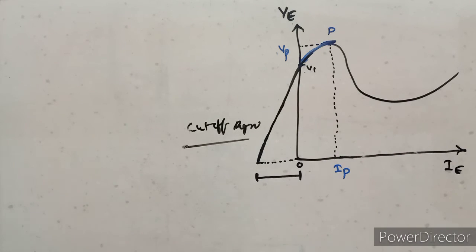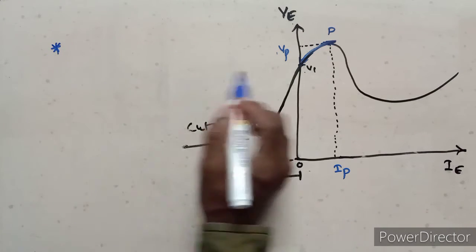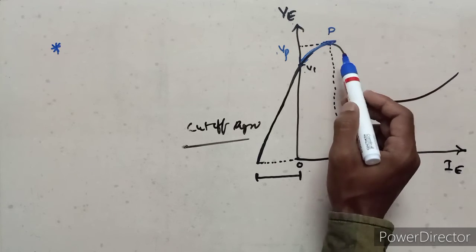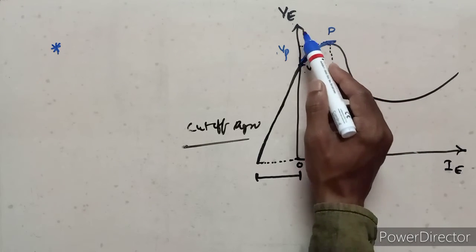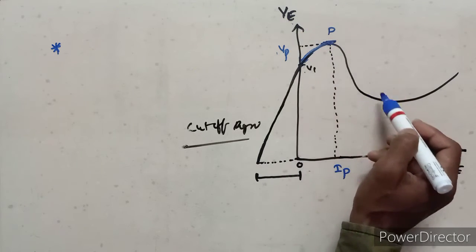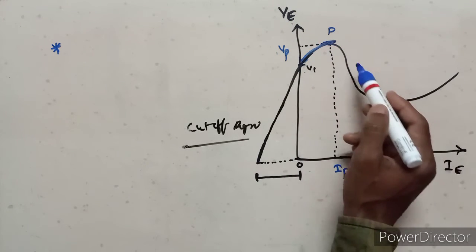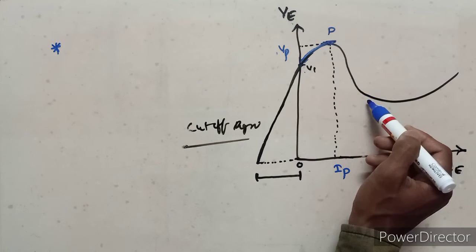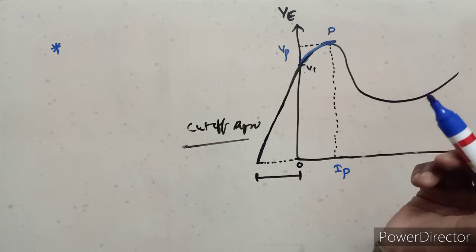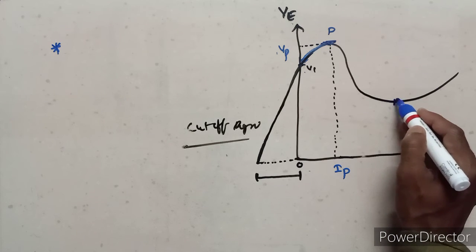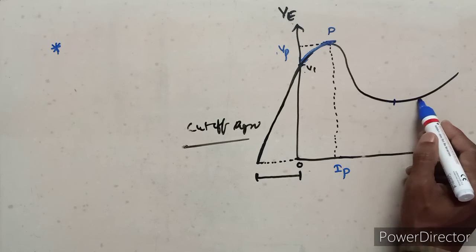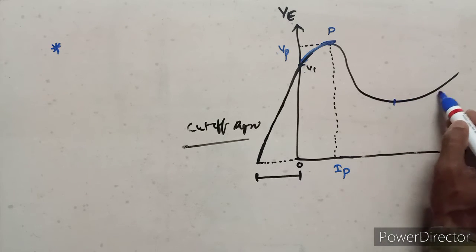Next, after the peak current, after the peak point, VE, that means emitter voltage, suddenly drops to a low value, and the emitter current is increasing.